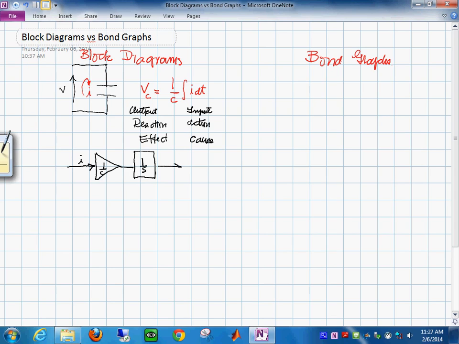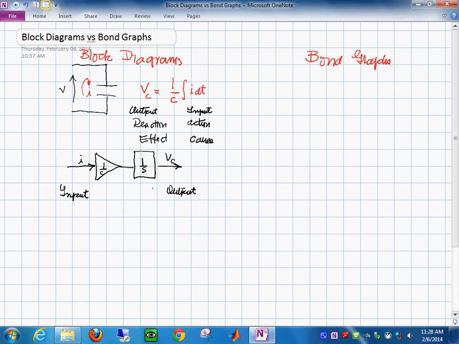And out of this comes voltage V sub C. So see, look here, this is the input. Process the input by multiplying it by 1 over C and integrating, and you are going to get this output. Okay? This is the representation of the block diagram.